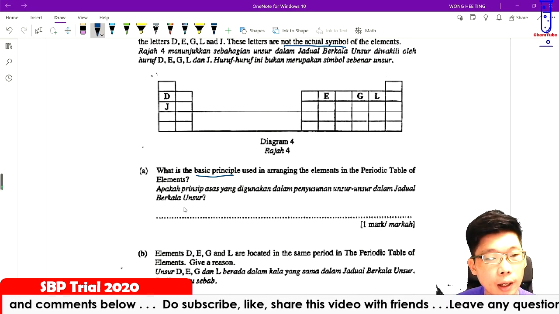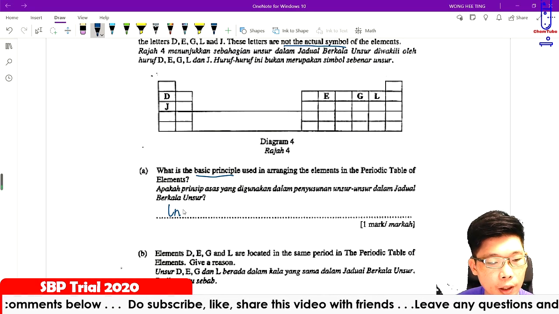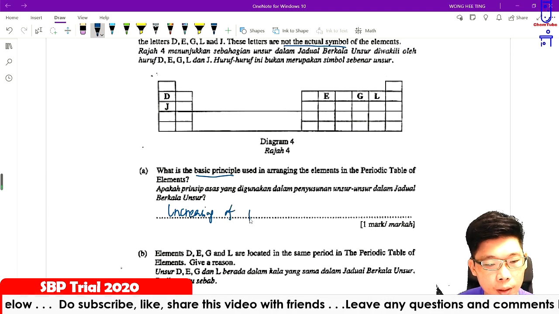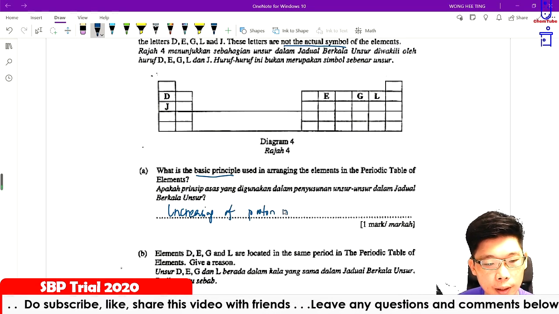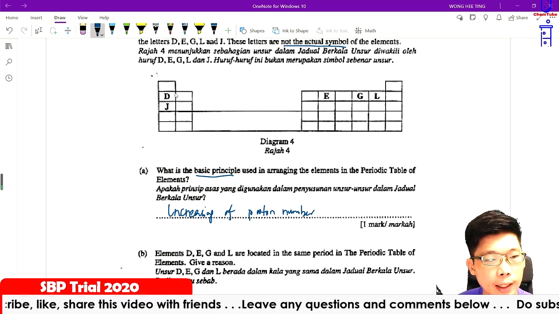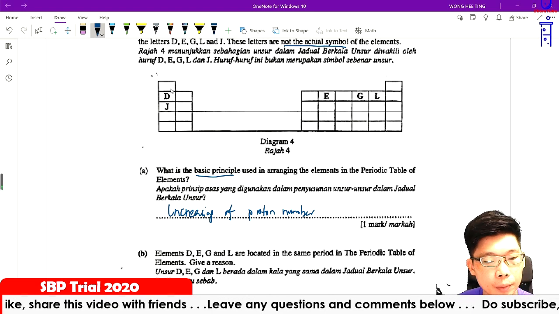As we know, it is according to increasing proton number. That means each one will increase by 1 proton.